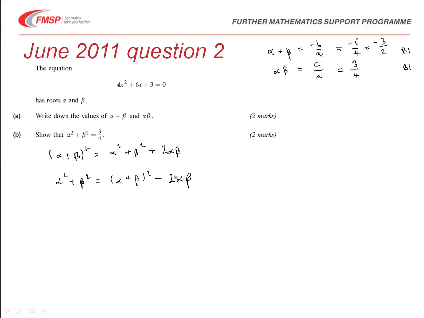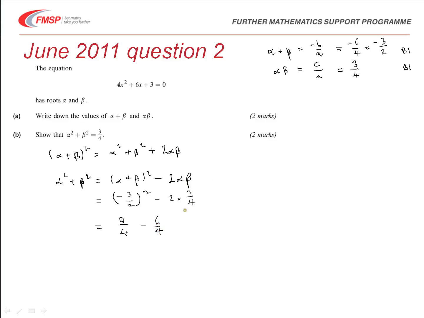Okay, we have to subtract the 2 alpha betas to get rid of that extra bit when we square the alpha plus beta. And so, since we know the value of alpha plus beta is minus 3 over 2 squared, and we know the value of alpha beta is 3/4, we can see that we have 9 over 4 minus 6 over 4.